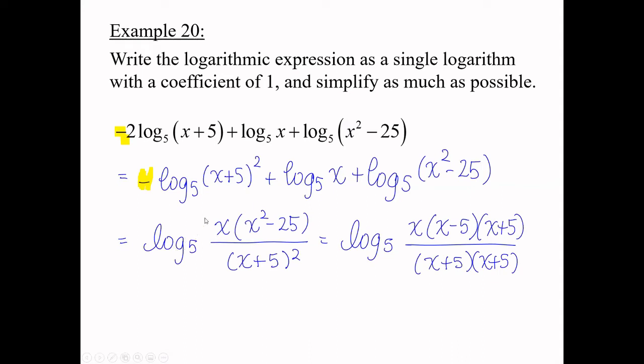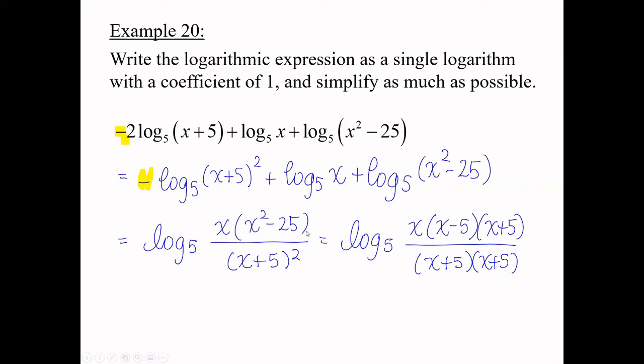So we've got log fifth of x squared minus 25 over log fifth of x plus 5 squared. Well, x plus 5 squared can be simplified to x plus 5, x plus 5. x squared minus 25 can be factored to x minus 5, x plus 5.